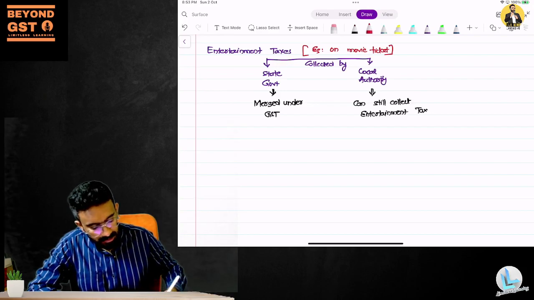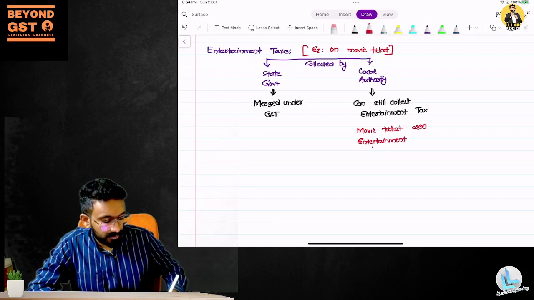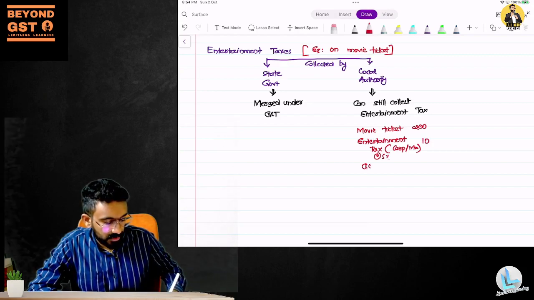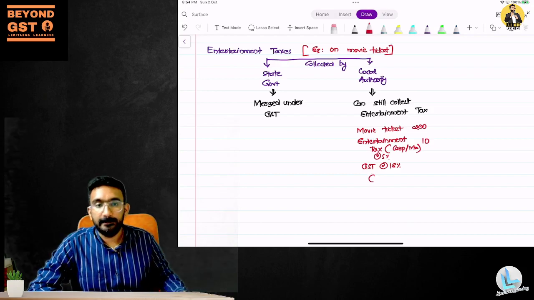So which means, suppose my movie ticket value is 200 rupees. There is entertainment tax by corporation or municipality, that is at 5%. Then there is GST 18%. On what value will GST of 18% be levied?